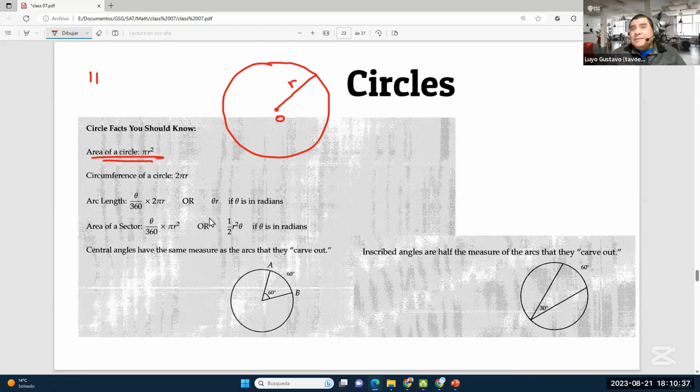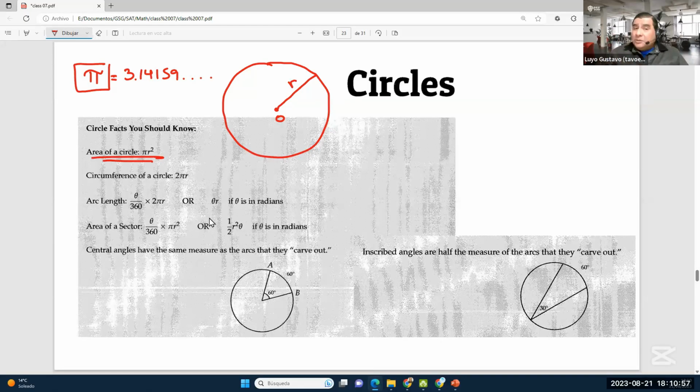Remember, pi is this irrational number, 3.14159 and so on. In most SAT questions, you just need to deal with pi like a letter. You express your results in terms of pi.